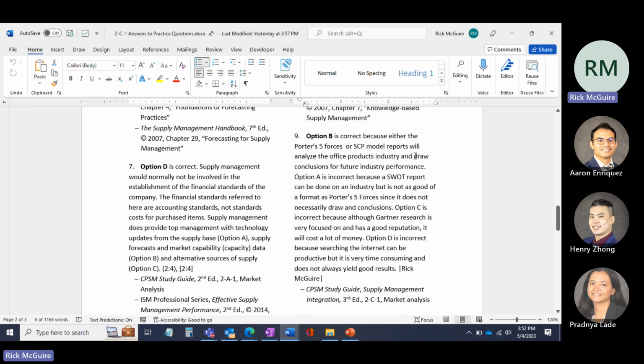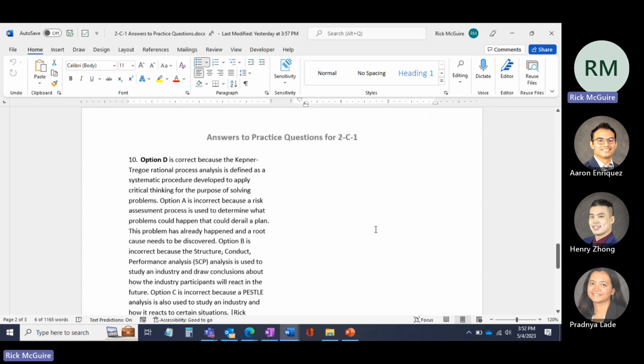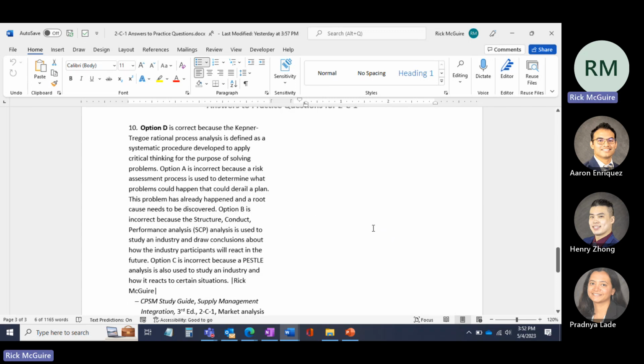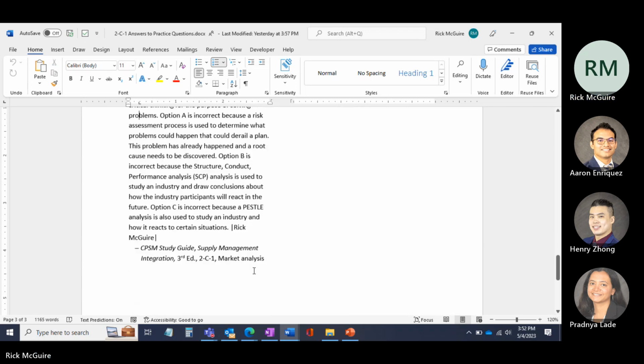Either Porter's or SCP model reports will analyze the industry. And 10 is Delta. The Kepner-Tregoe rational process analysis: a systematic procedure developed to apply critical thinking for the purpose of solving problems.